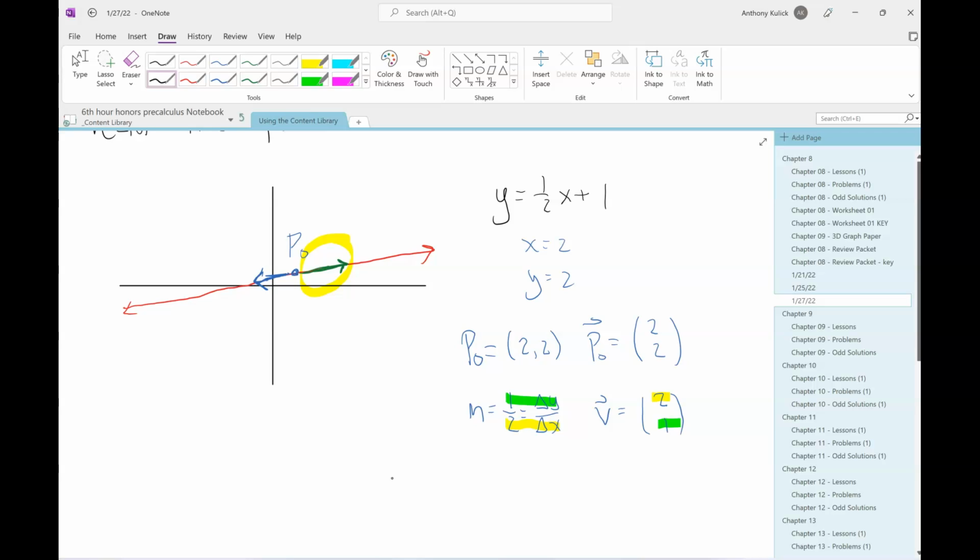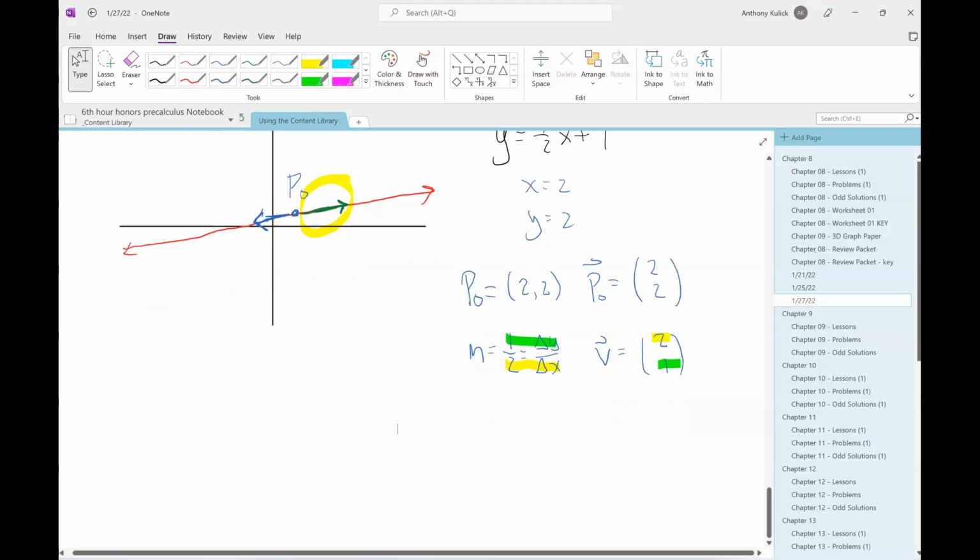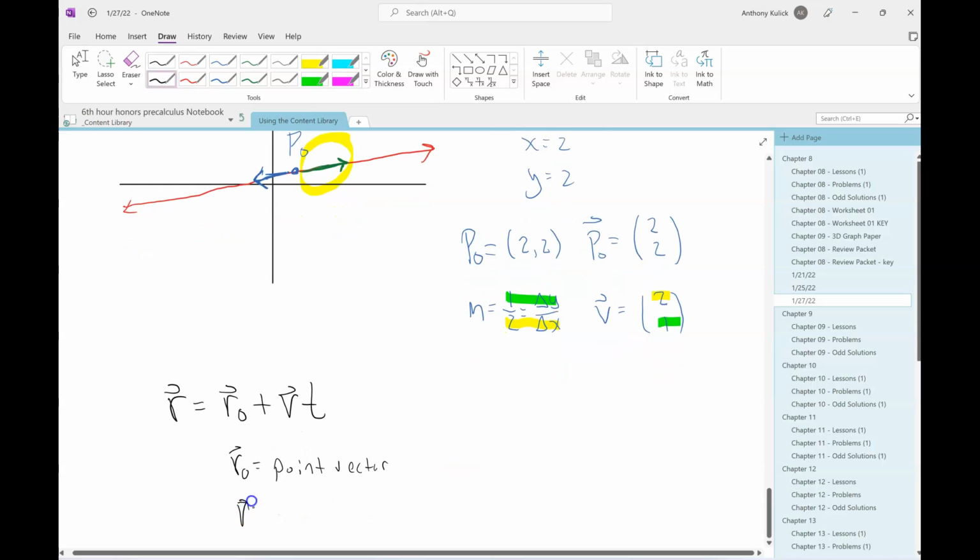Everybody's okay with that? So our vector line equation then, we're going to write as r equals r naught plus vt, where r naught is our point vector and v is our direction vector.